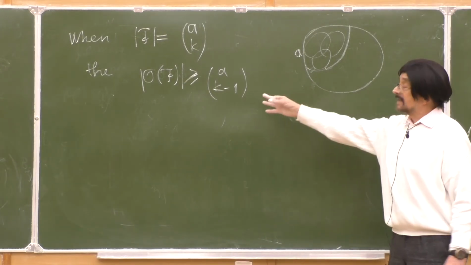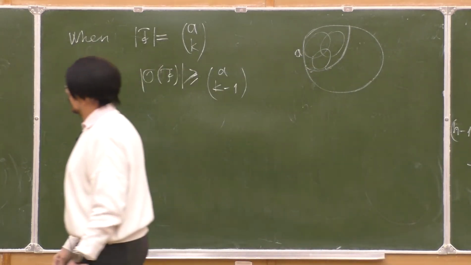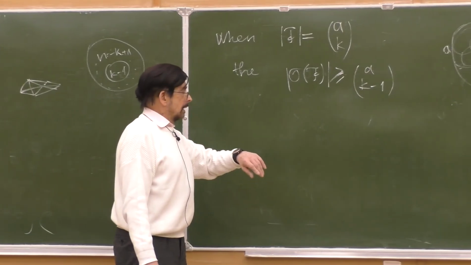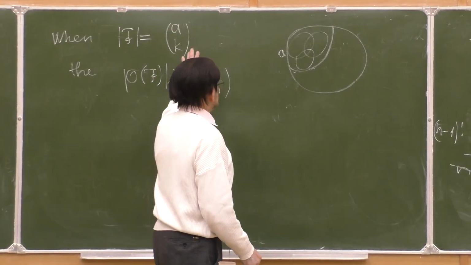So you can construct this, and this is true, that you cannot have a smaller number than this one. But what happens if we are not so lucky?